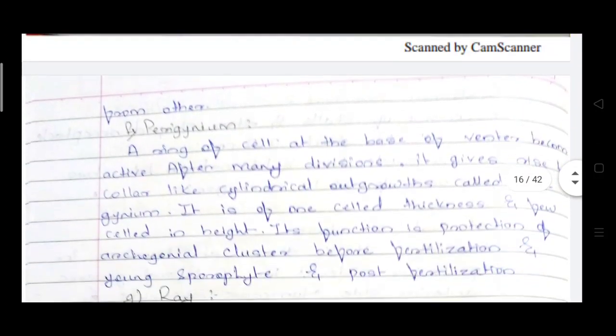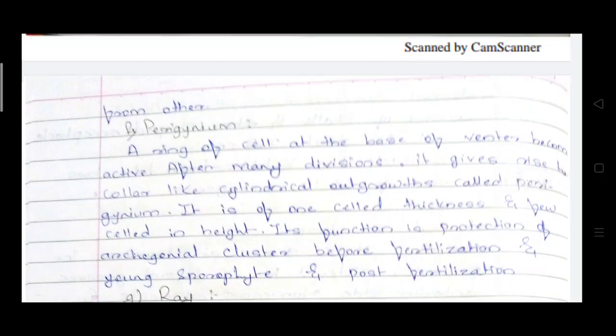Then the perigynium. The perigynium is a ring of cells at the base of the venter that become active. After many divisions, it gives rise to collar-like cylindrical outgrowths called perigynium. So at the base of the venters, it divides and forms the outgrowth near the venter part.